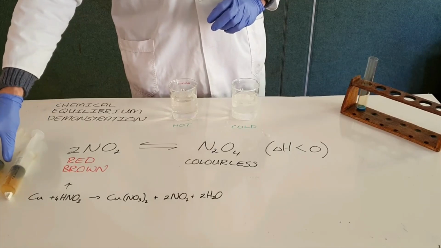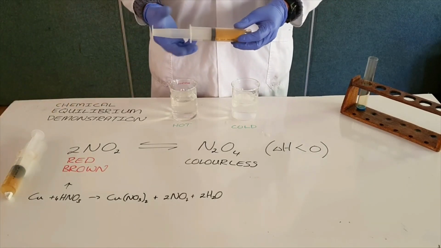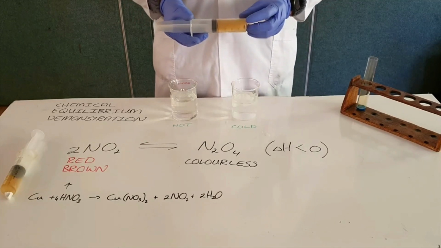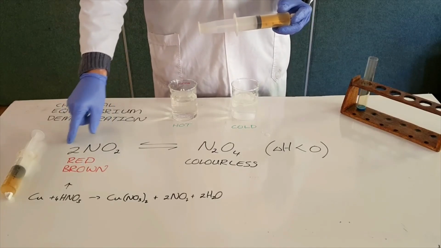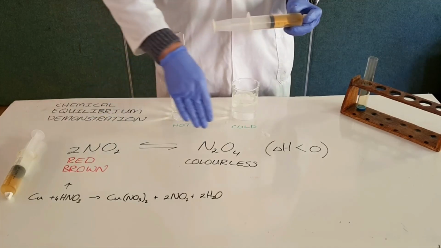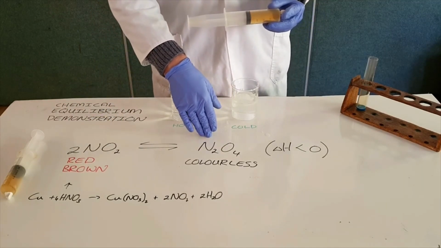The other change that we know we can make to gases is that we can change the volume of the container in which those gases are found. In this reaction here, we can see that nitrogen dioxide makes 2 moles of space, where dinitrogen tetraoxide only takes up 1 mole of space.